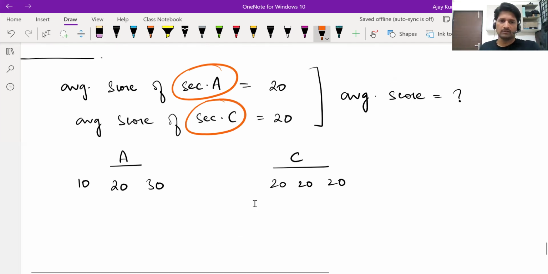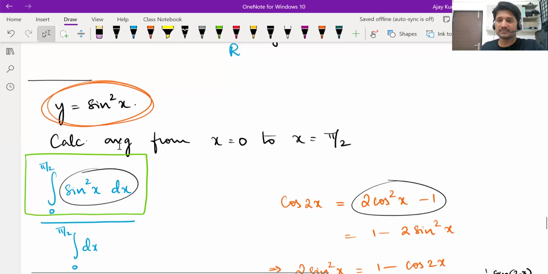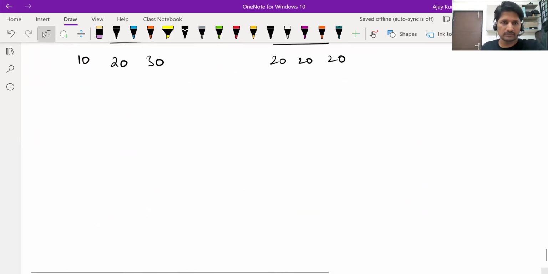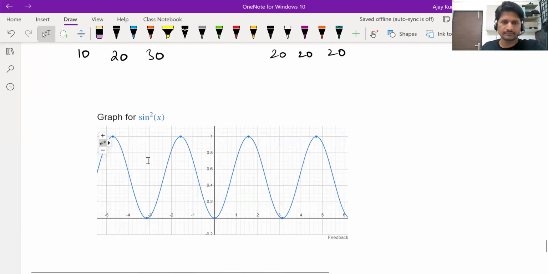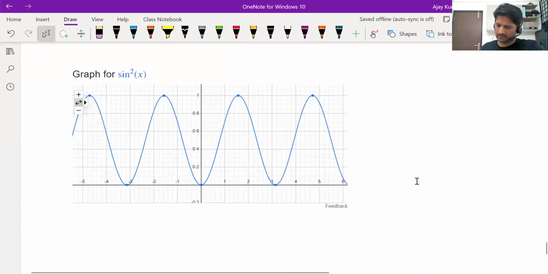Now we found mathematically the average value of sine square x in the interval 0 to pi by 2. Now you look at this. This is the graph of sine square x. Let's mark the intervals. This is 0.